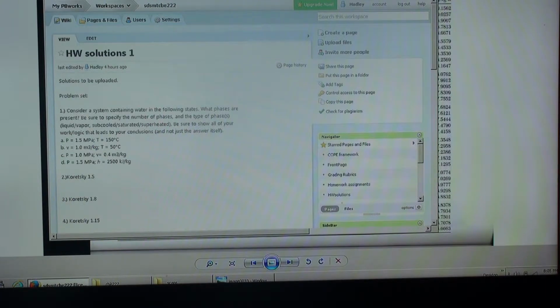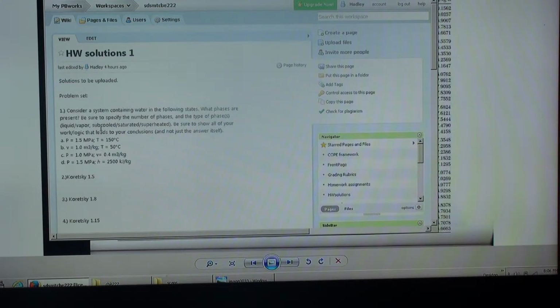Now I have to ask the question: it's higher, so is a high pressure a liquid or a high pressure a vapor? That's right, a high pressure equates to a liquid. And we know it's not saturated, and the term we use for liquids that are not saturated is subcooled.